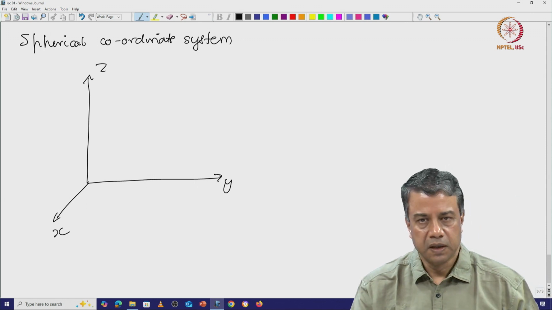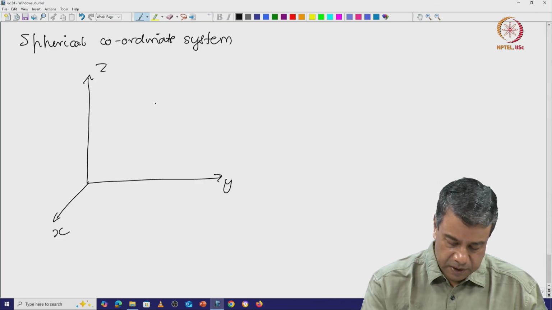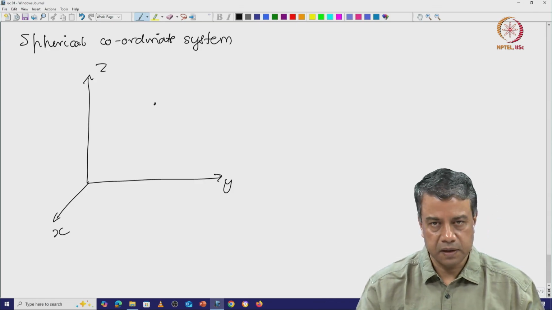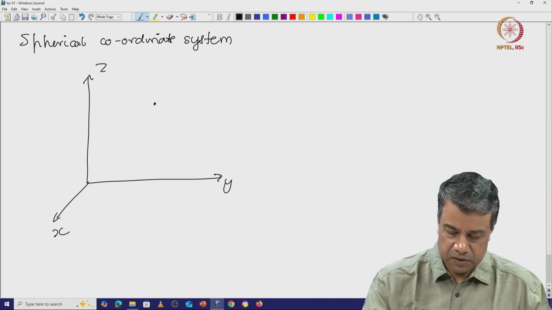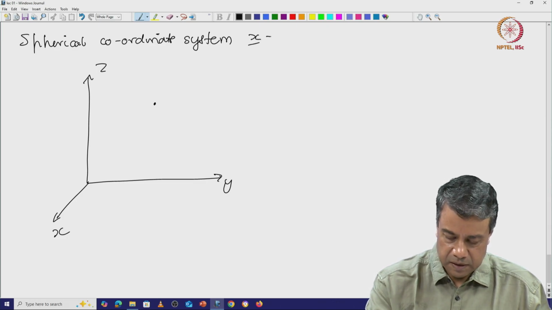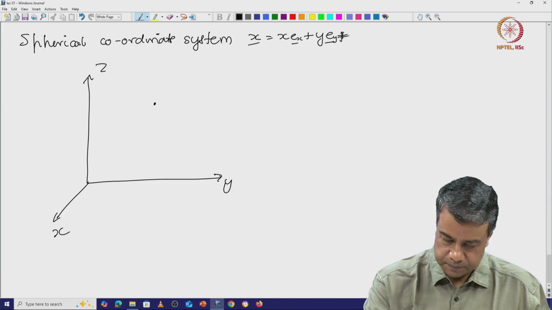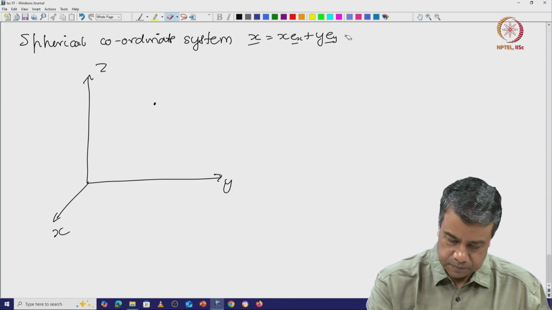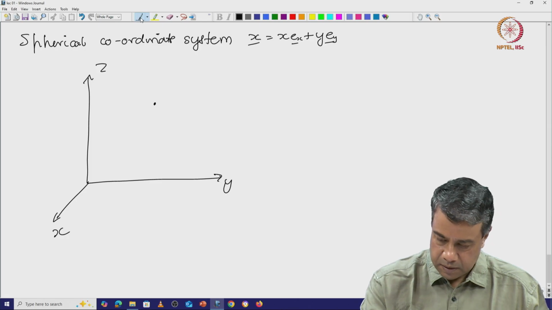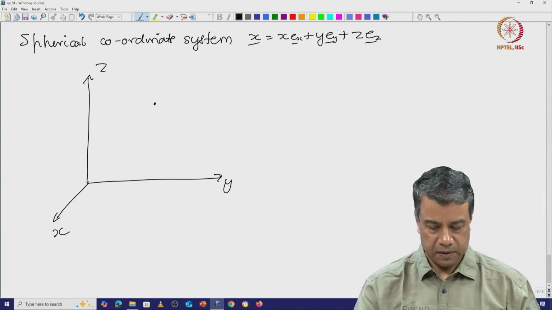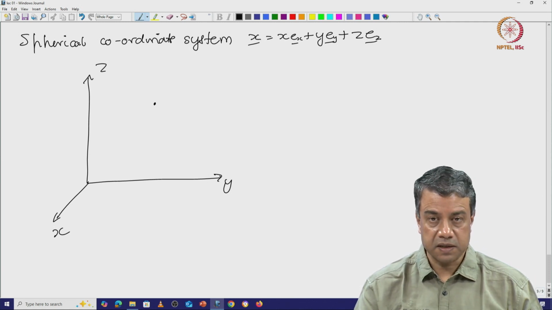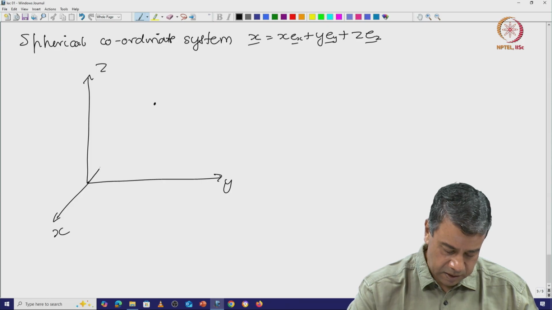If you have some position here, it is usually defined as x vector, which you can express as x Ex plus y Ey plus z Ez.